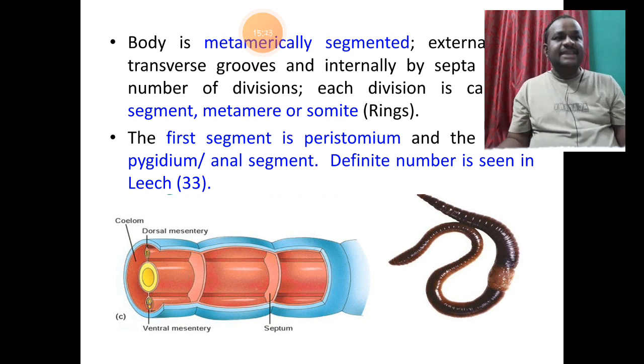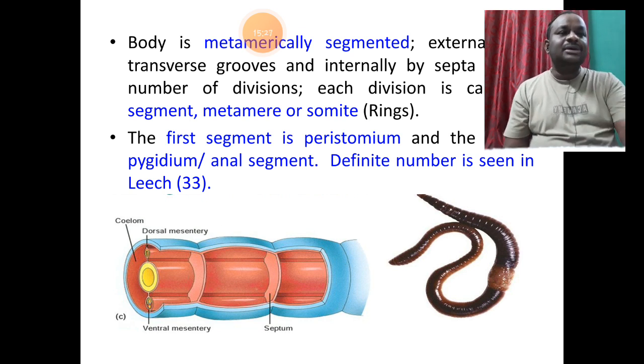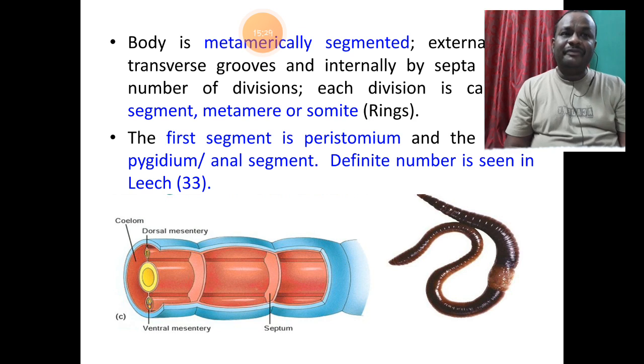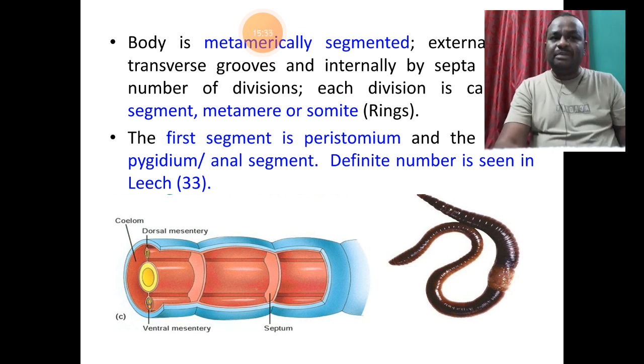The number varies according to the species. Earthworms of the variety called Pheretima posthuma show around 120 to 150 segments. Likewise, organisms show variation in the number of segments also.